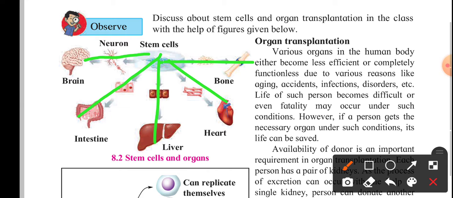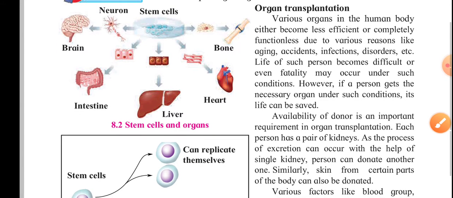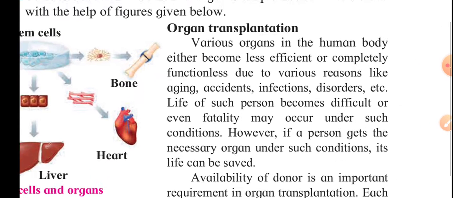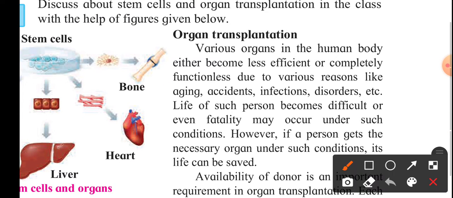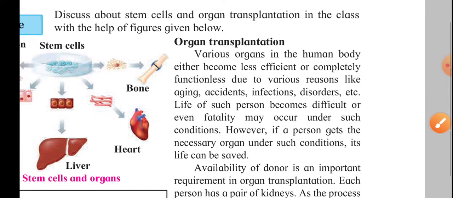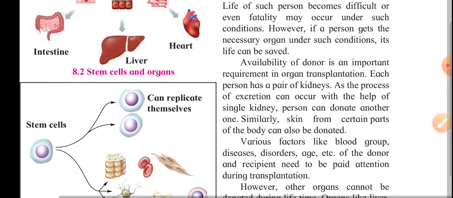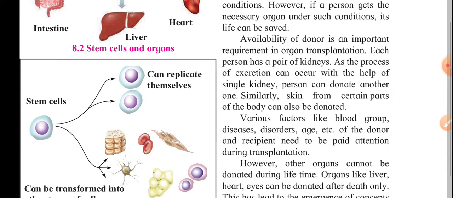Various organs in the human body either become less efficient or completely functionless due to various reasons like aging, accident, infections, disorders, etc. The life of such persons becomes difficult because these organs are called vital organs, and when they are failing, there will definitely be a health issue for that particular person. So these organs can be transplanted with the help of stem cell technology.